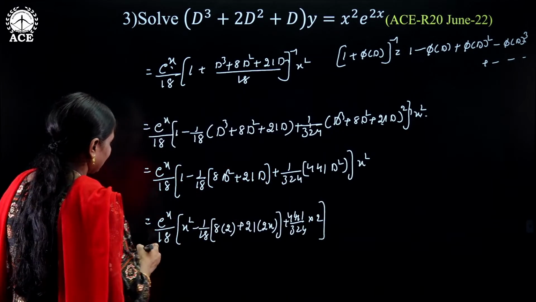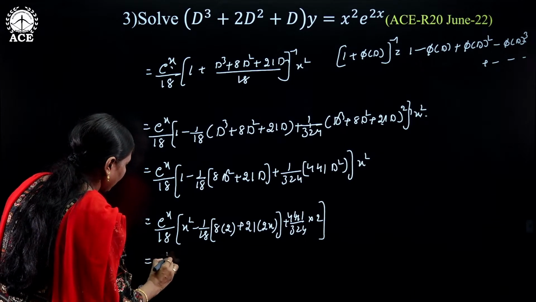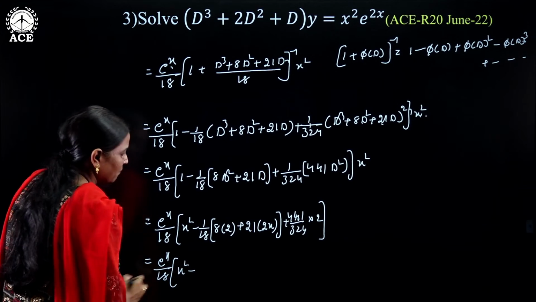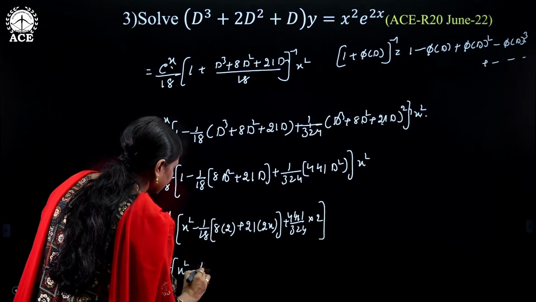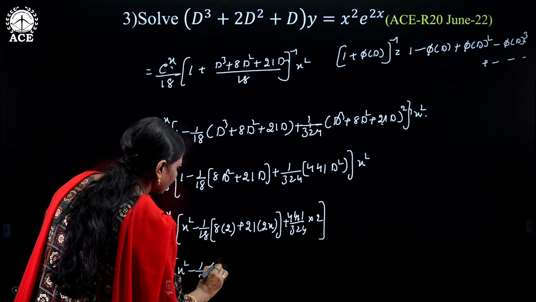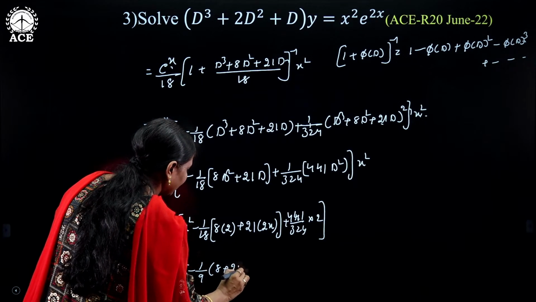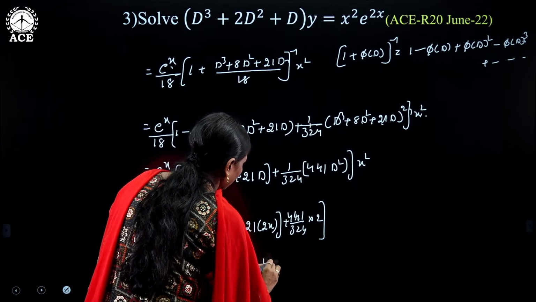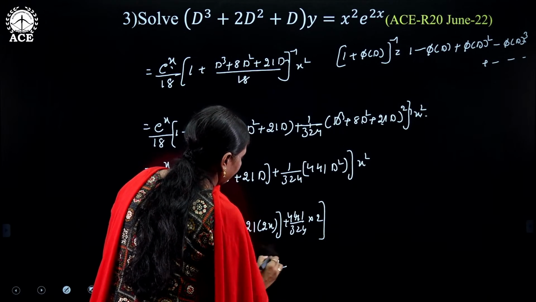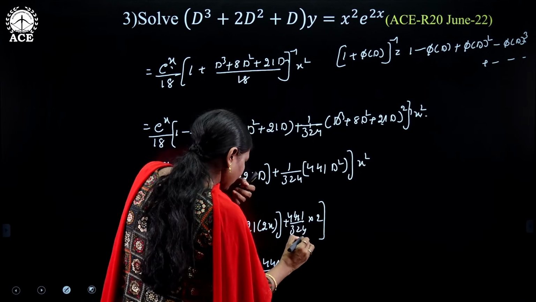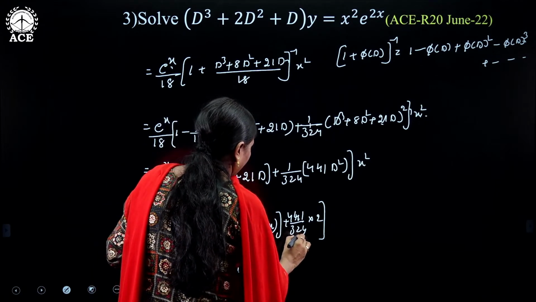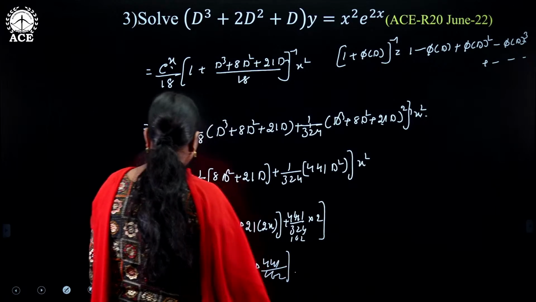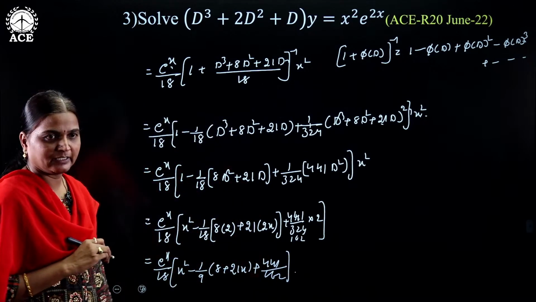So if we simplify this one, which is equal to e power x by 18 into x square minus, if we take 2 outside, that is equal to 1 by 9 into (8 plus 21x) plus 441 by 162.